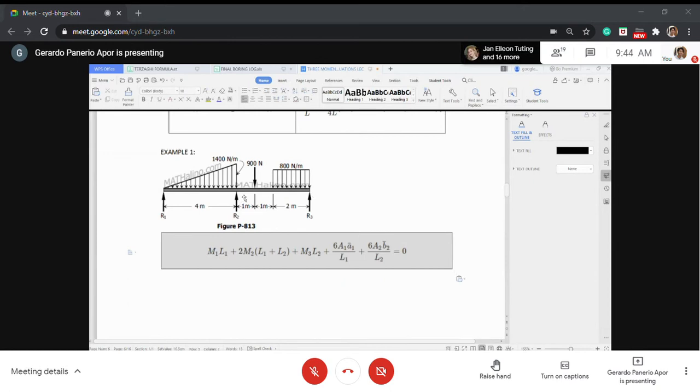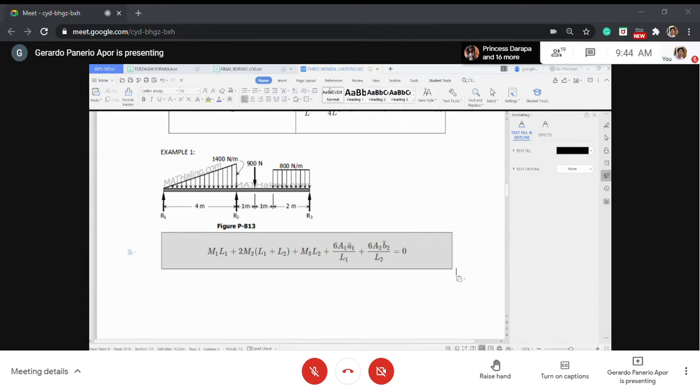So the only unknown is the moment at point 2. We let point 1 be the extreme left end and point 3 the extreme right end, and point 2 is where the reaction of the middle support is located, and the load is this.